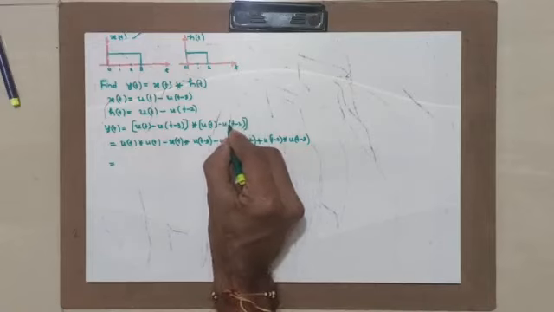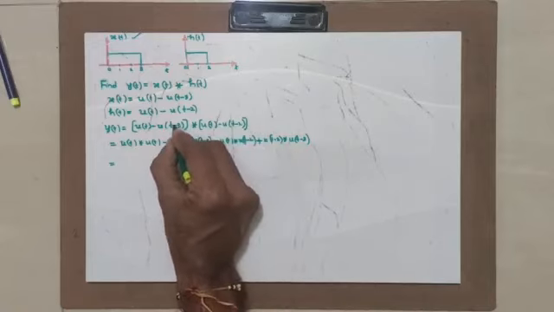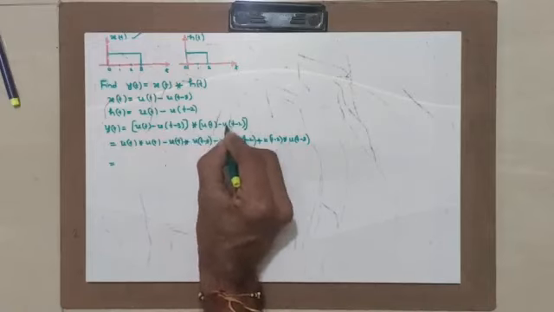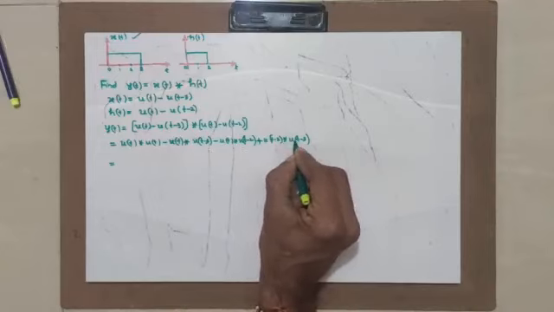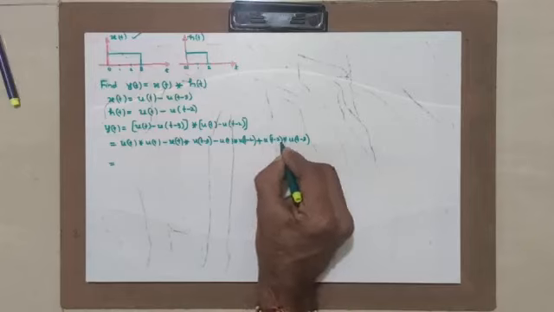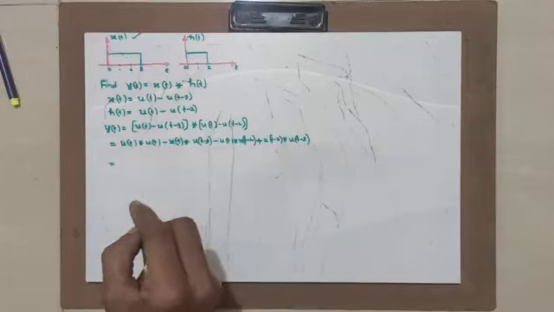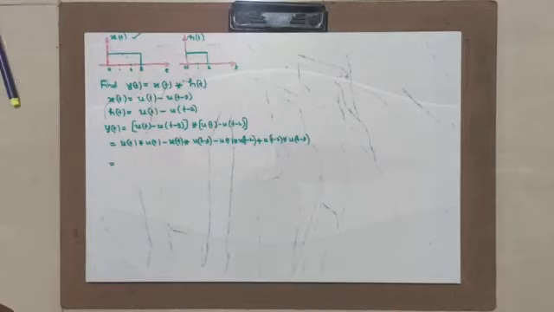Similarly, when I am convoluting u of t minus 2 and u of t minus 3, I first wrote u of t minus 2 and then u of t minus 3. First, better you write the smaller one. Otherwise you have to rearrange them at a later stage.